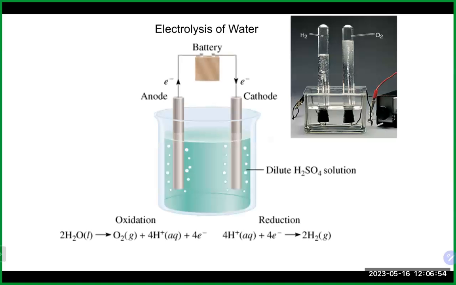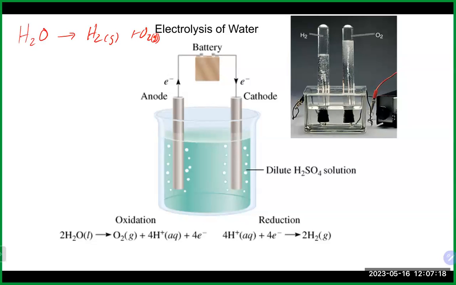Okay, so we also could do something like the electrolysis of water. Under normal conditions, water will not break apart into its elements, but you can apply an electrical current to water, and you can generate hydrogen gas and oxygen gas by doing that.